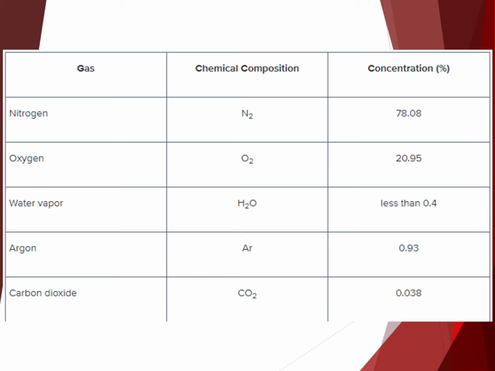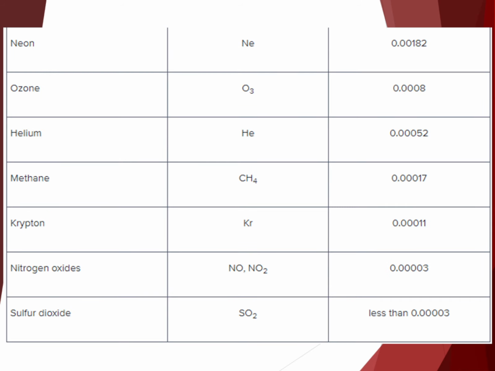The most common gas we have in our atmosphere is nitrogen, represented as N2, coming in at 78.08%. The second most common gas being oxygen, O2, coming in at just under 21%.